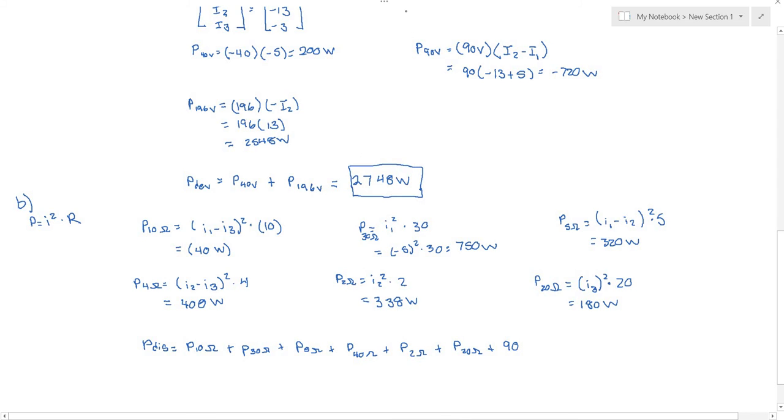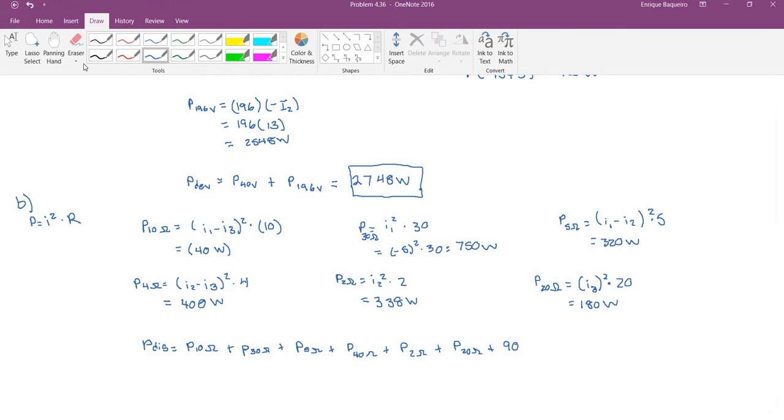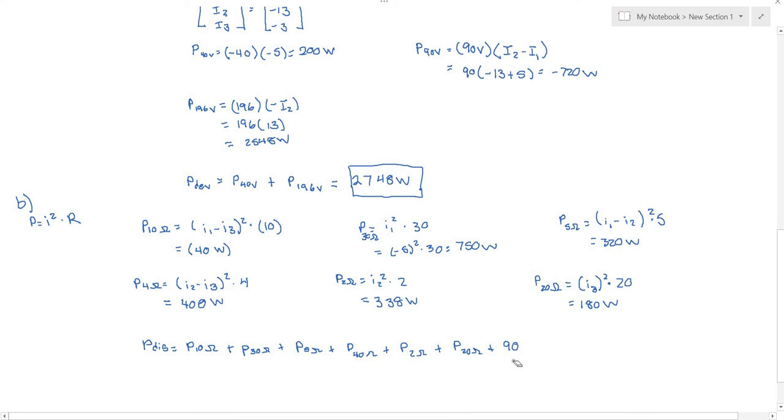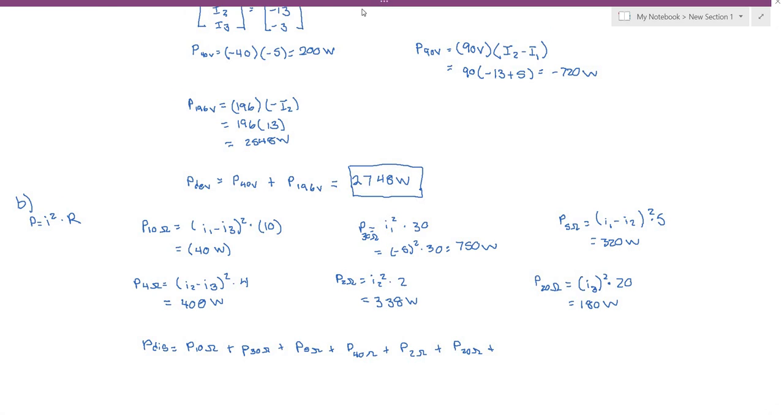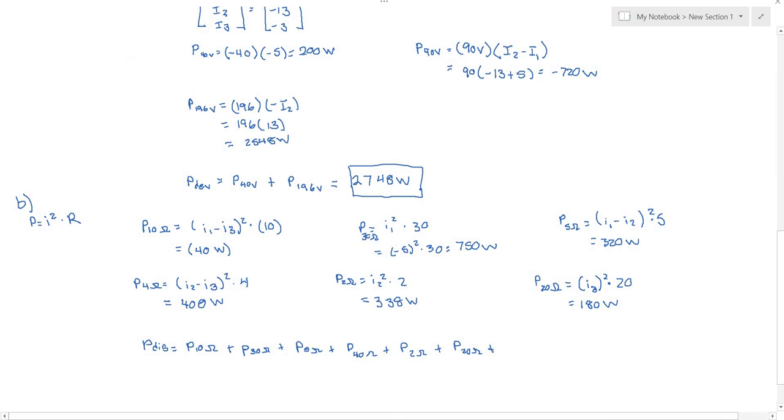Oops, my bad, guys. Remember, we discovered that P90 was actually dissipating power because it was negative. These ones are positive just because I set them up that way, but technically they're all supposed to be negative. Okay, so now we keep on going.